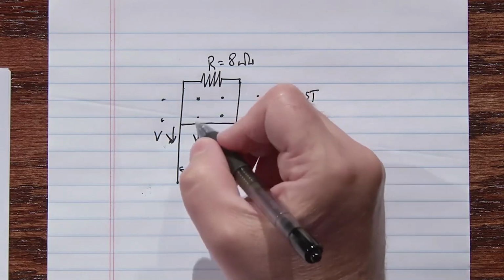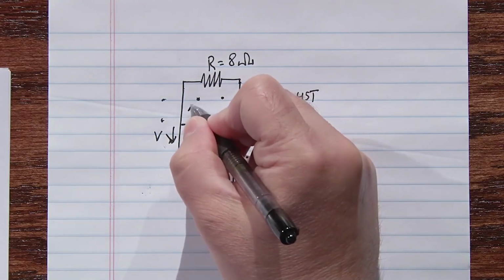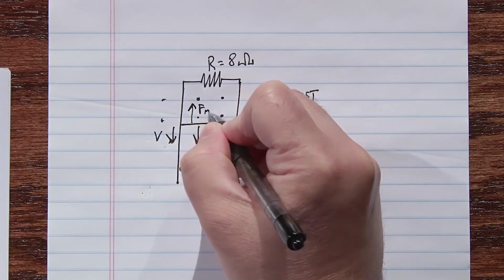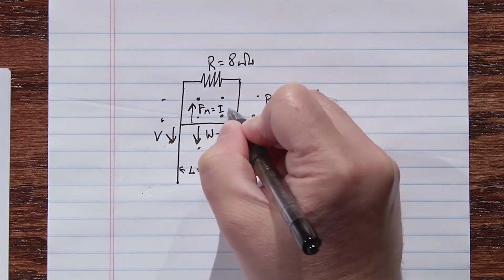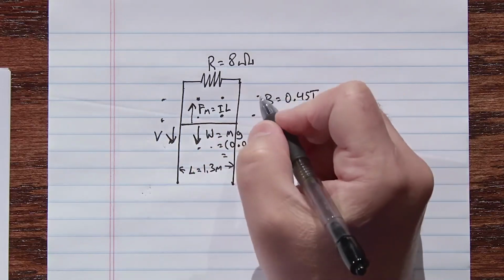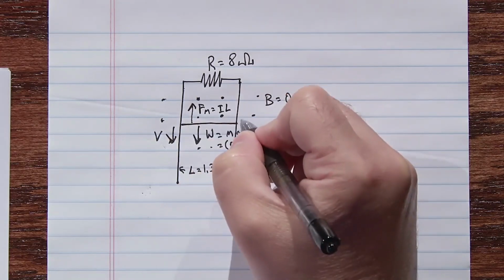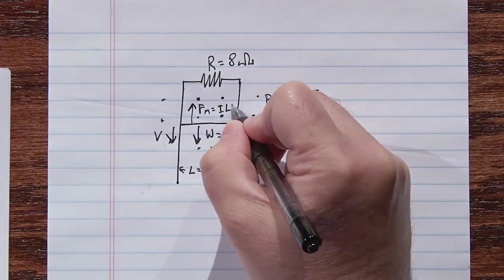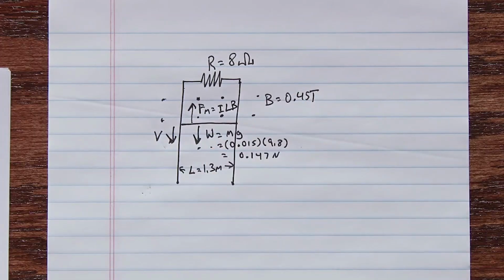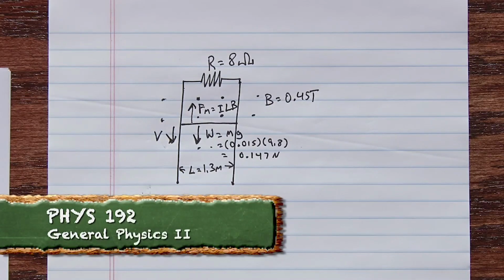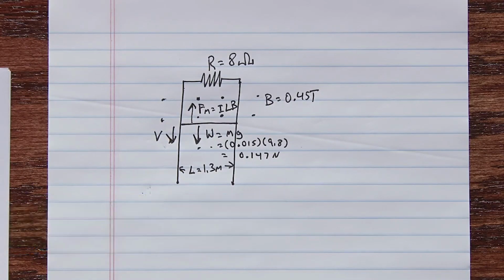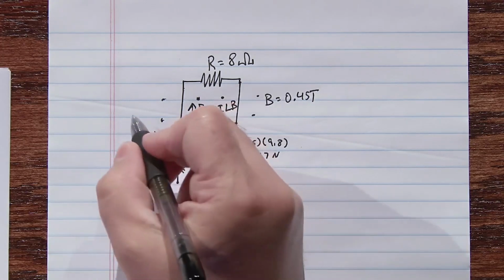And so there will be a magnetic force equal to the current times the length of the wire, the length of the slider, times the magnetic field strength. And we want to know the terminal velocity of the rod, which would be the speed at which the rod is in equilibrium.